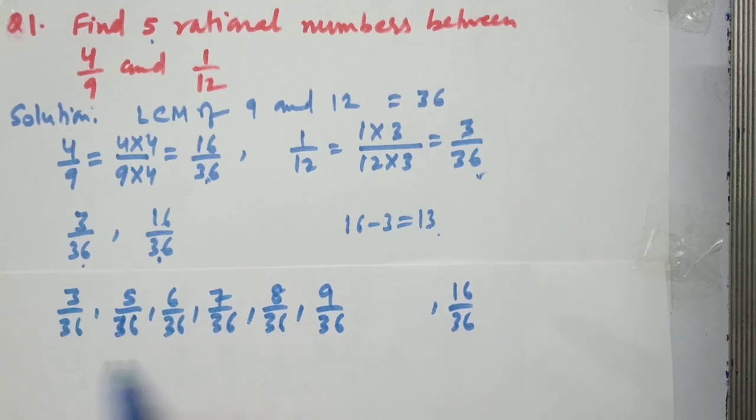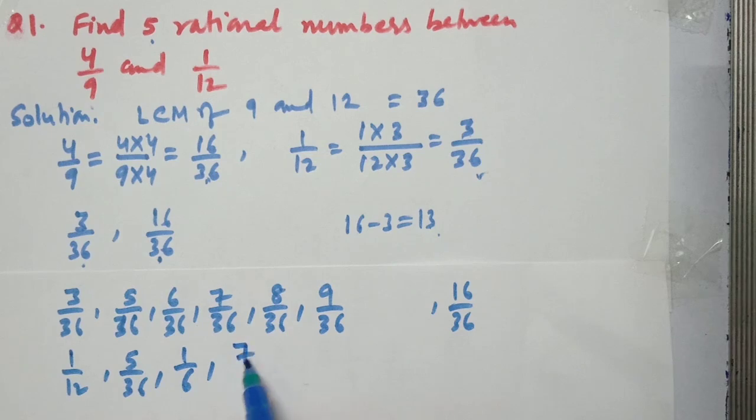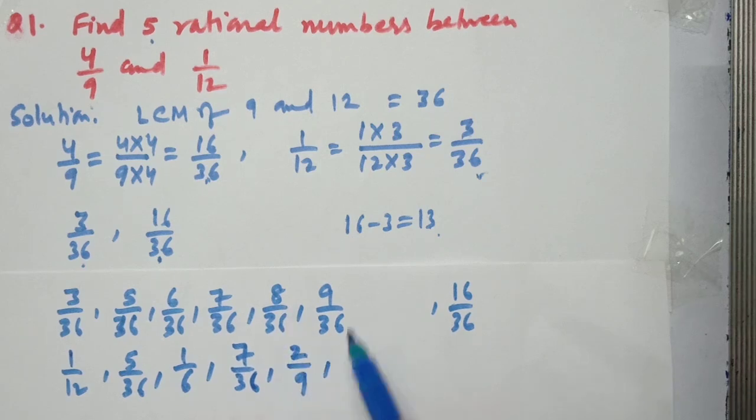In the next step we will write all the numbers in the lowest terms. So 3 by 36 becomes 1 by 12, that is our given number, and 5 by 36 has no common factor, it remains the same. 6 by 36 will become 1 by 6, 7 by 36 no common factor, 8 by 36 if we cancel by 4 we get 2 by 9, 9 by 36 if we cancel we get 1 by 4, and 16 by 36 if you cancel by 4 we get 4 by 9.